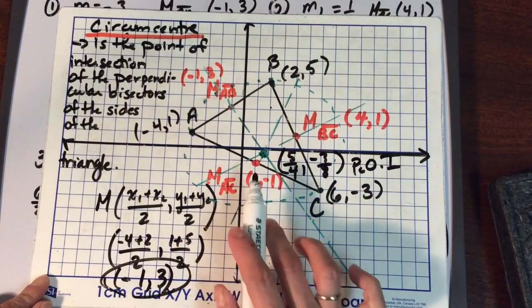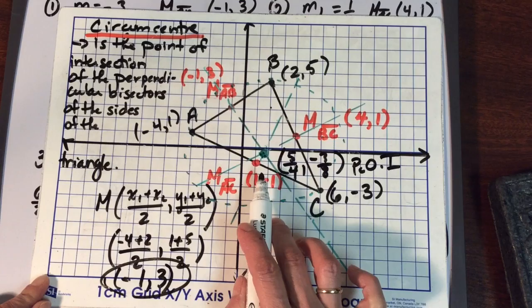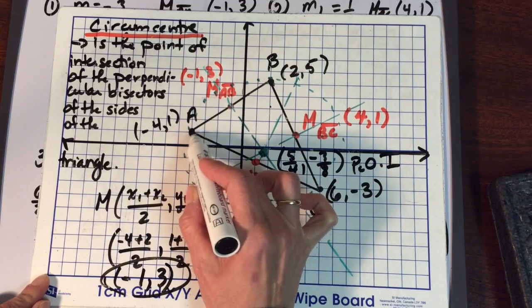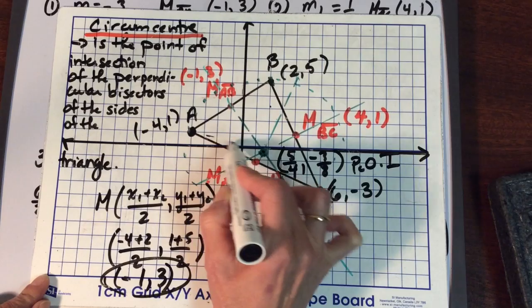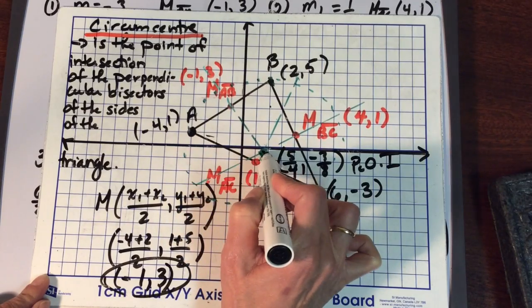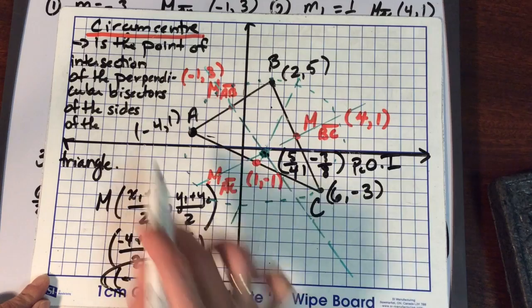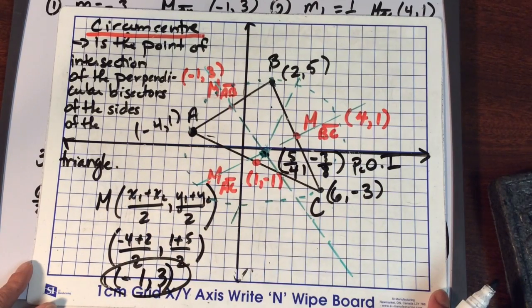And now if I wanted to know the radius of the circle, I can take any one of these vertices and find the distance between these 2 points, and that will give me the radius of the circle. Okay? And that's how you do this.